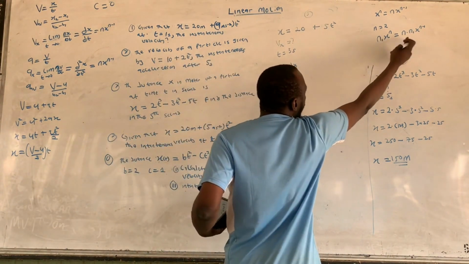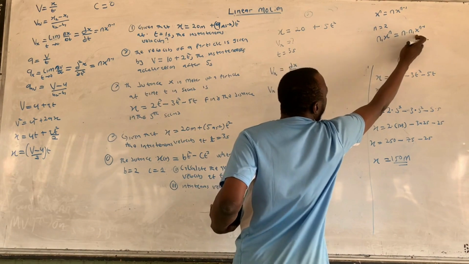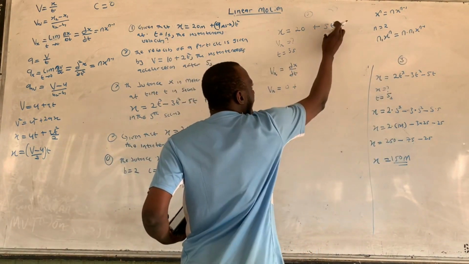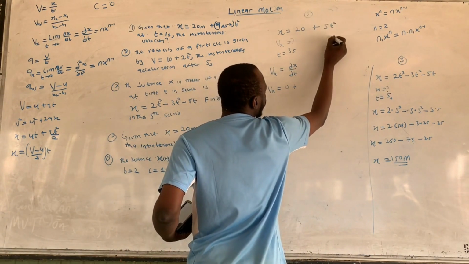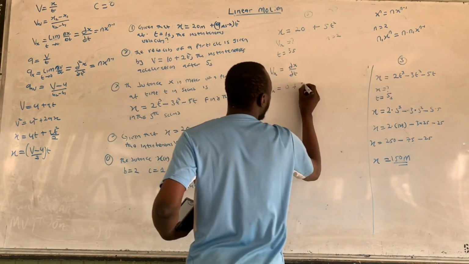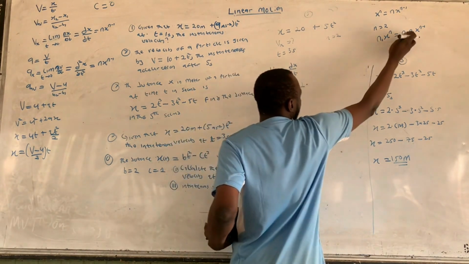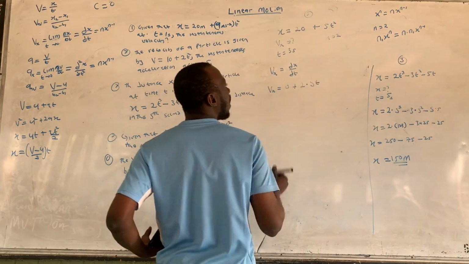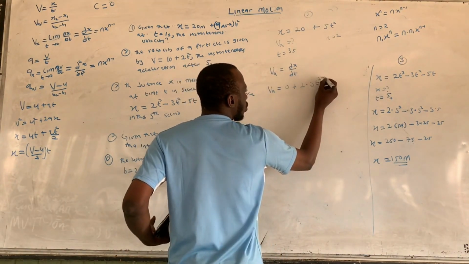We will say n times n1 times x, meaning our n here is 2, 2 times 5, t to the power 2 minus 1.